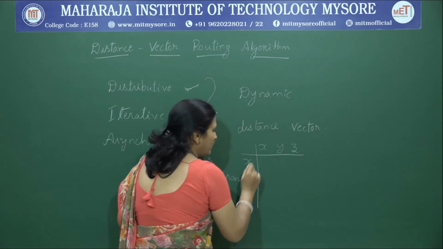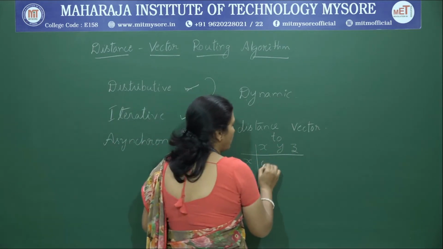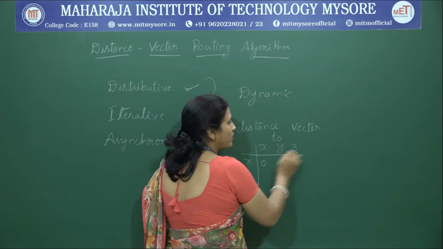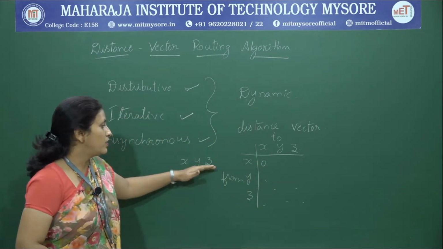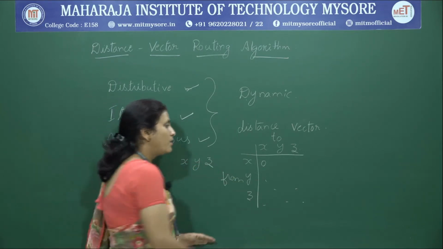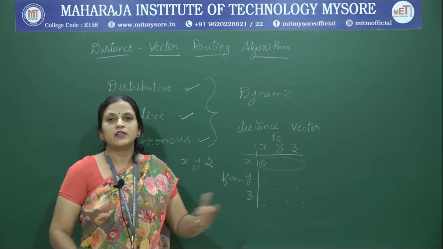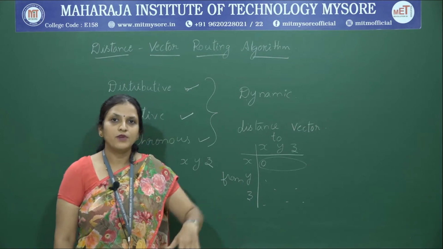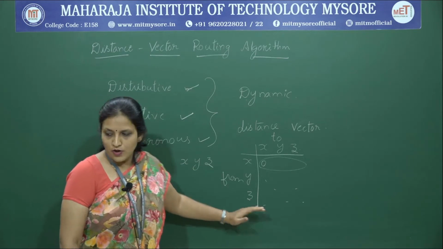X to x will always be 0, and then the cost it takes to travel from x to y, similarly from x to z, and similarly for the other values. So, for each of the nodes in the network, it maintains a distance vector. Depending on the values calculated here, it interacts with other routers, and with the information that a router gets from its neighboring nodes, it updates its distance vector. That is how the distance vector routing algorithm works.